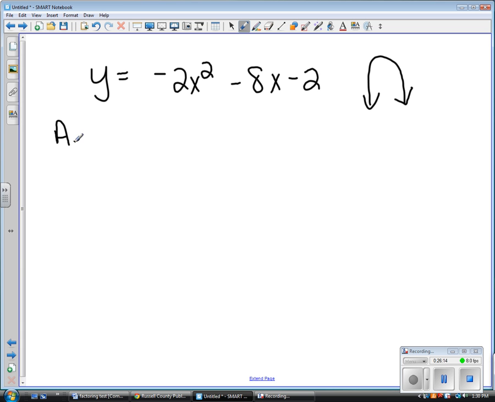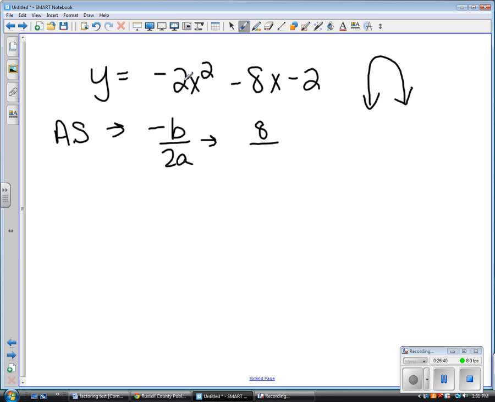Now, I want to find my axis of symmetry. Who can tell me what that equation is? If I plug that in, the opposite of b is what? The opposite of b is 8, because this is negative 8, so it would be 8 over 2 times a.